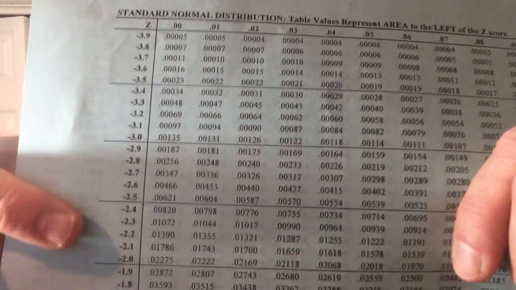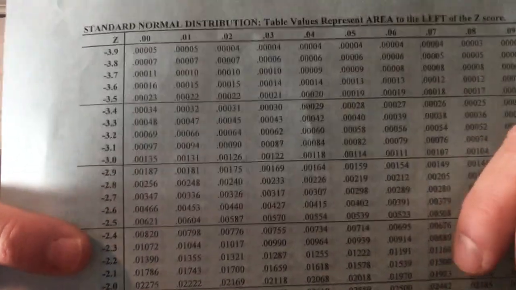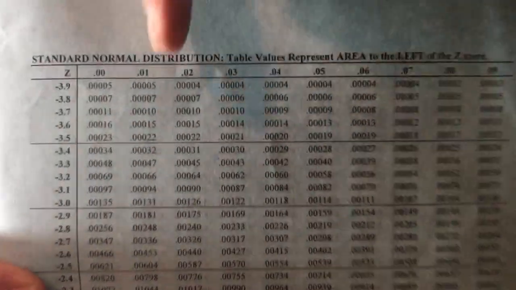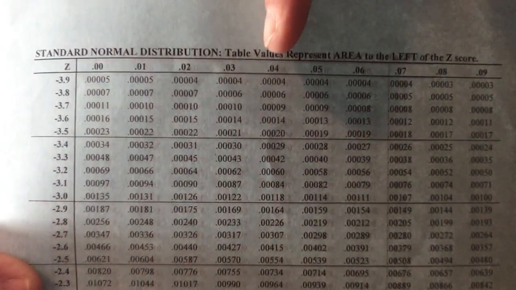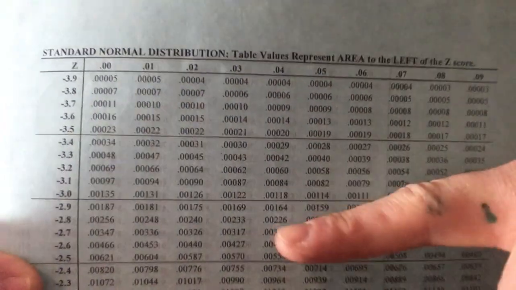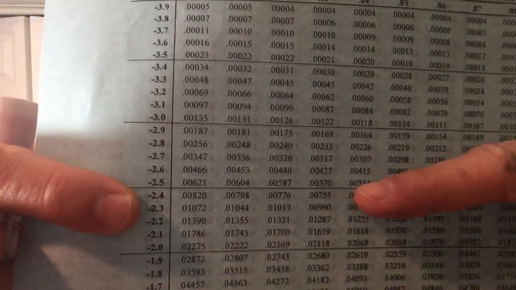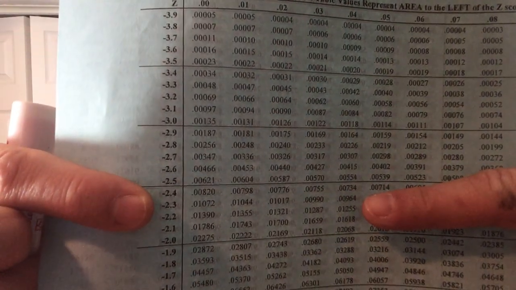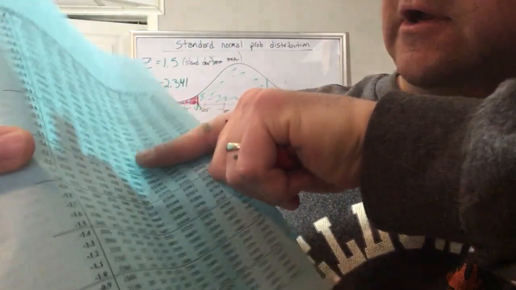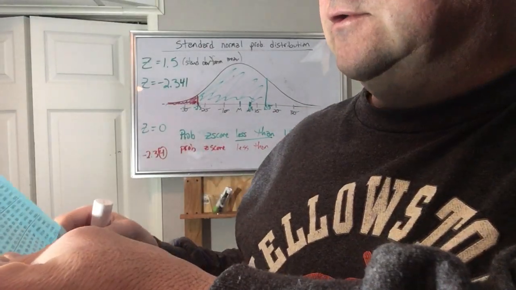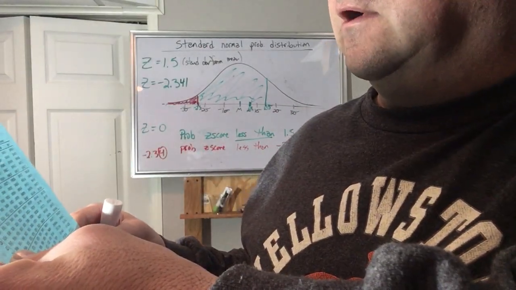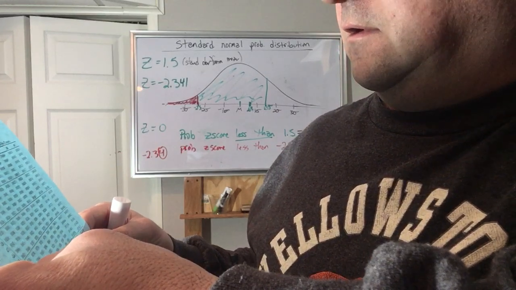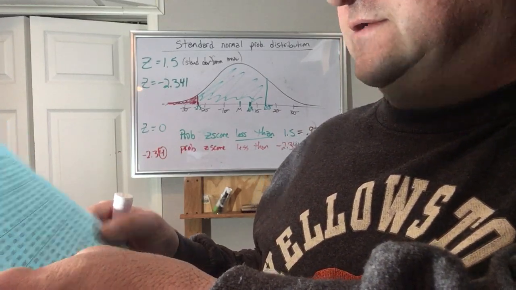Minus 2.3 is right here. And then this is the next digit, the 0.4. So I have to go down. And I want 2.34 right there at that mark, which is backwards. Let's see. I got to look at it the right way. 2.34 is 0.00964.